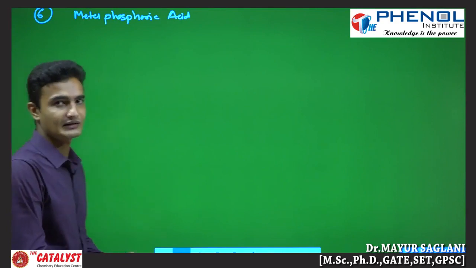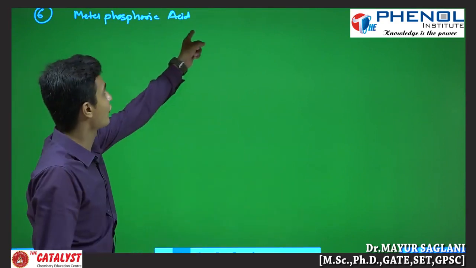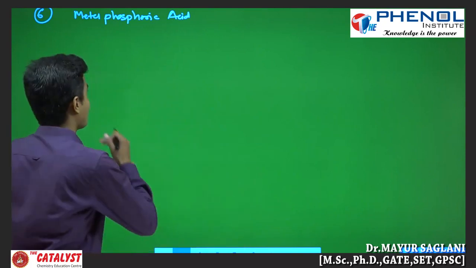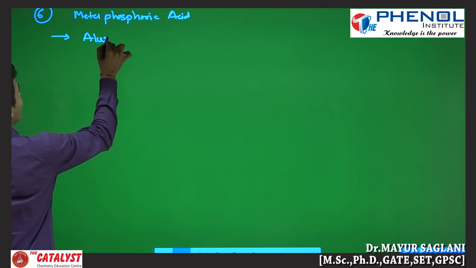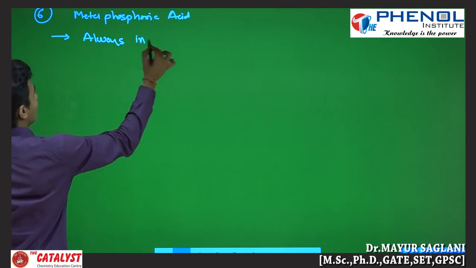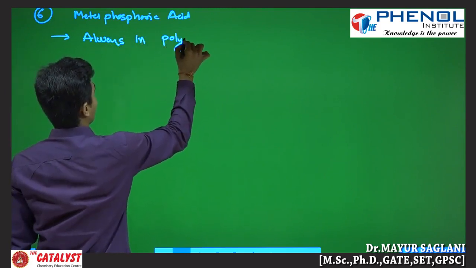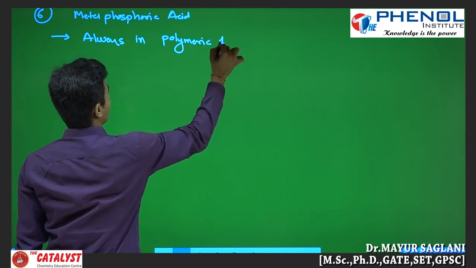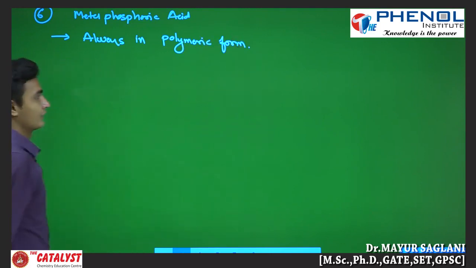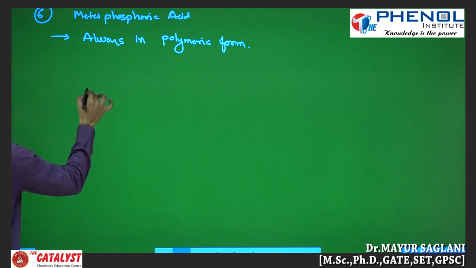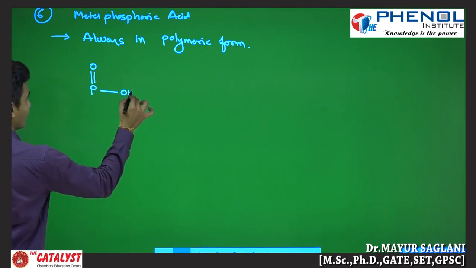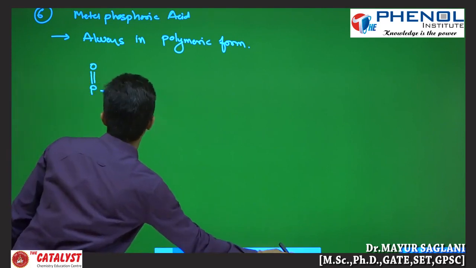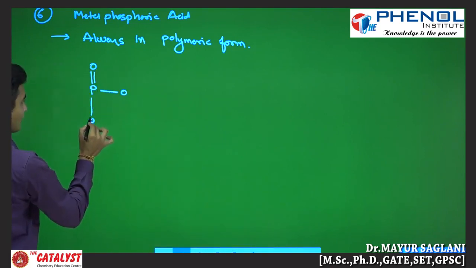Next, metaphosphoric acid. Again the oxidation state is +5 because this one is phosphoric acid. We can write here, this one is always in polymeric form. Now you see P double bond O, O and OH.